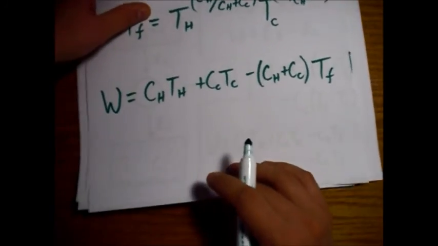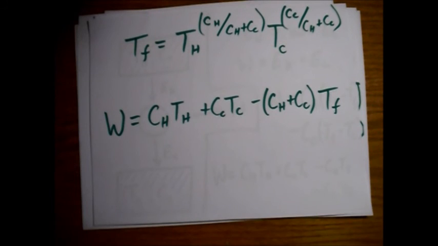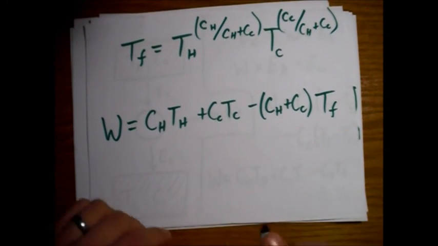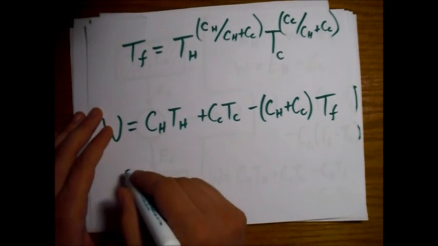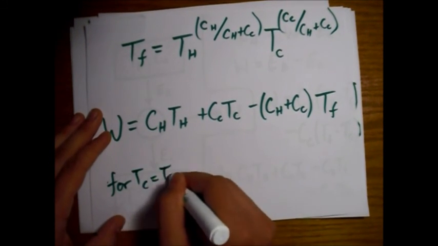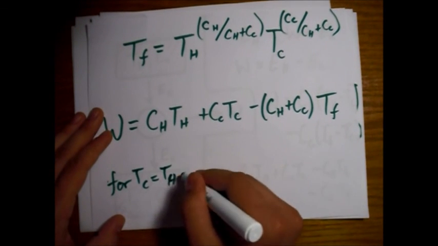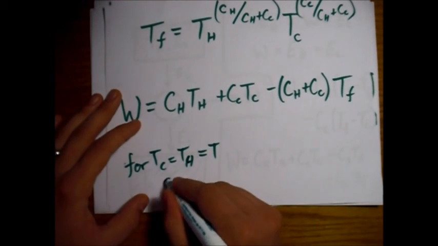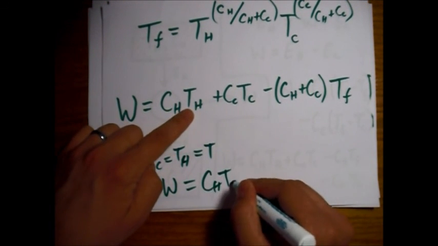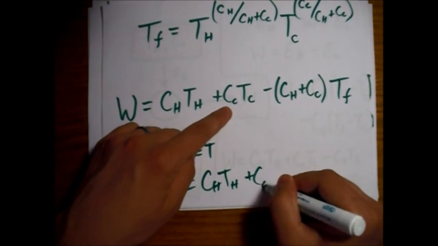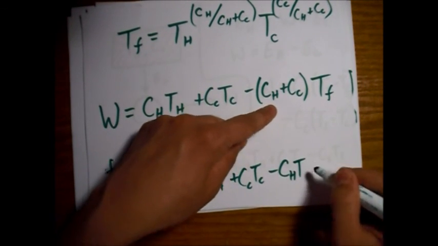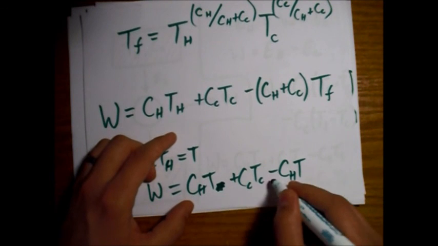Here it is. All right. And you can see that right away. If these are all T, so for T_C equals T_H equals T, this work is going to be just C_H T_H plus C_C T_C minus C_H T. Oh, I forgot to.